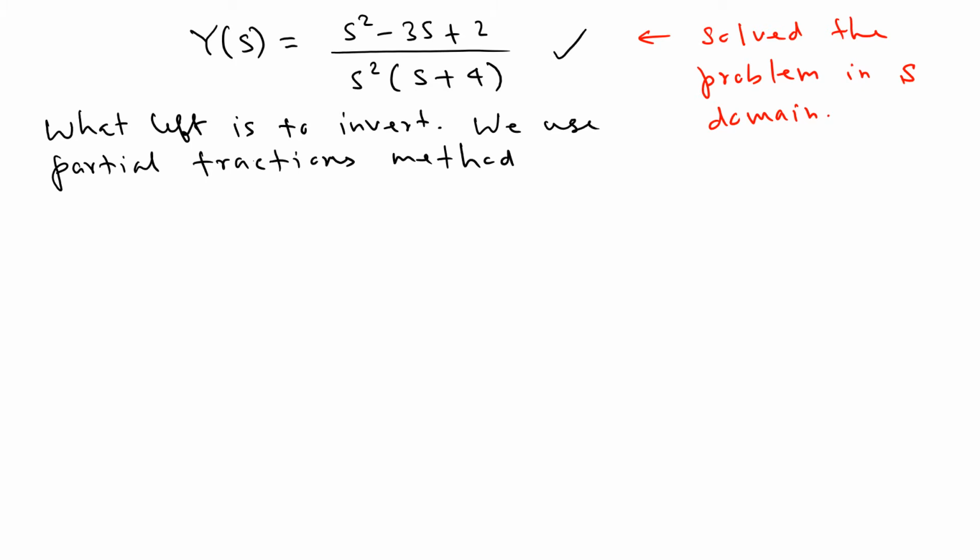We can write the form first. It is s squared minus 3s plus 2 over s squared (s plus 4).